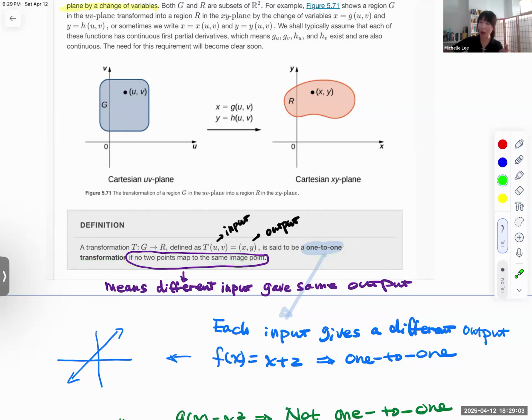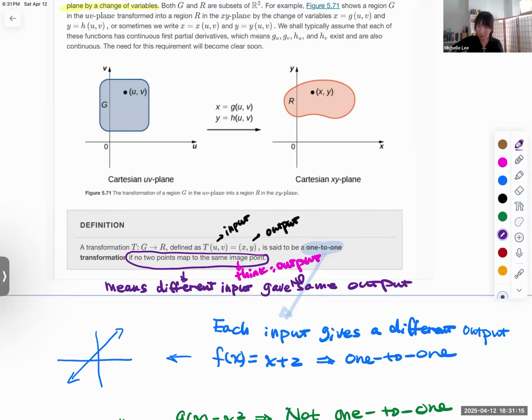The image point is the output. So I made a note there: different inputs giving the same output is not allowed. We cannot have the same output, right?